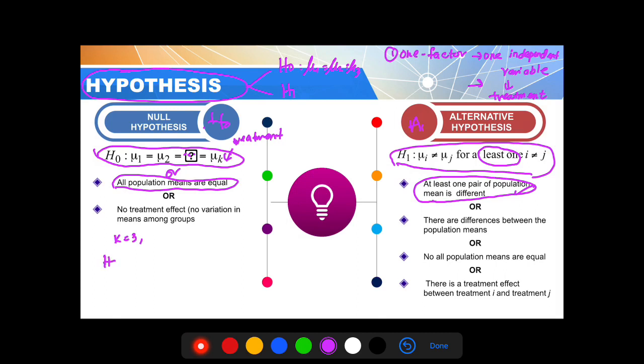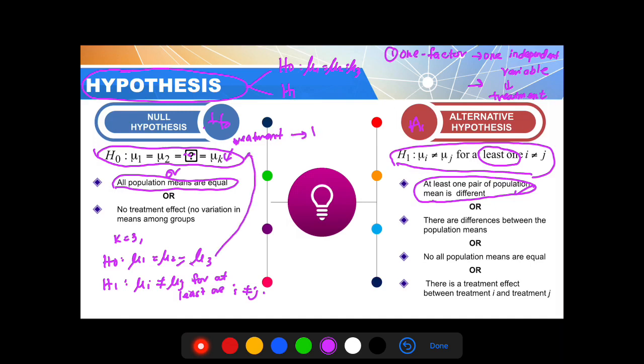You will have H null: mu1 equals mu2 equals mu3, and H1: mu i not equal to mu j for at least 1, i not equal to j. So it depends on the treatment, and the treatment depends on the independent variable.